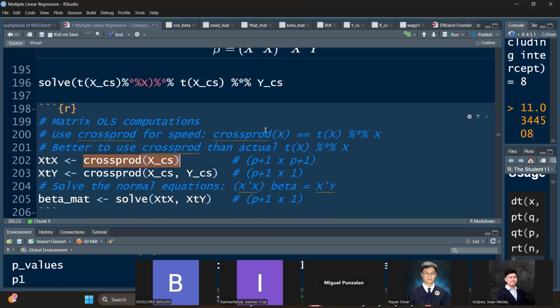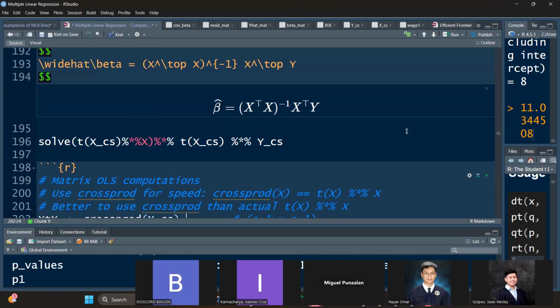Why only X? Because this means that you are multiplying it with X. There have to be two components there, X and X. If I don't put X here, what I meant is really X and X. That's the cross product. But you can just put one, and our understanding is already X and X.